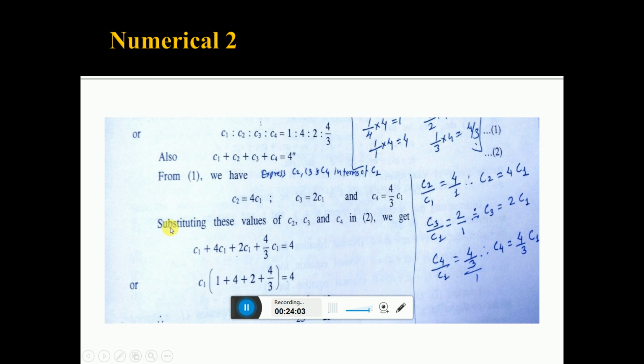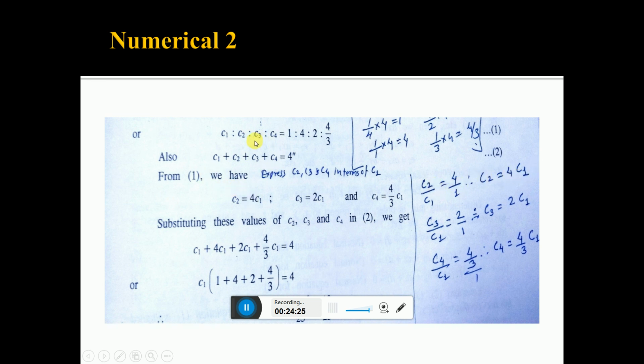So C1 : C2 : C3 : C4 is equal to 1 : 4 : 2 : 4/3, and this is the second equation. If you express this, C2 by C1 is equal to 4 upon 1. Therefore, C2 is equal to 4 C1.